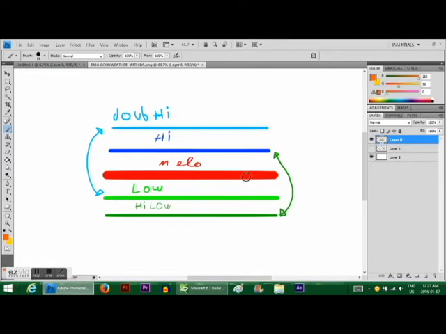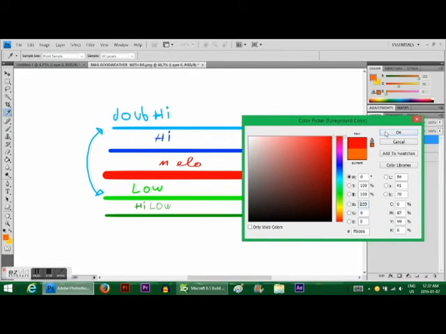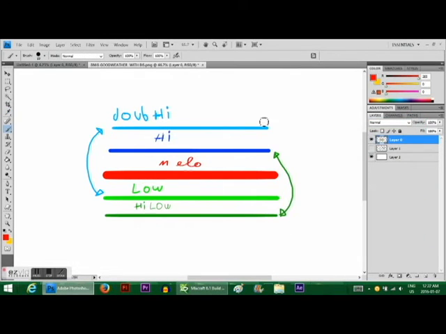Very apparent. Now, let's talk about bass vocals. Okay. Now, usually the easy bass vocal is just this. Hold shift to do a straight line in Photoshop, ladies and gentlemen. Okay.